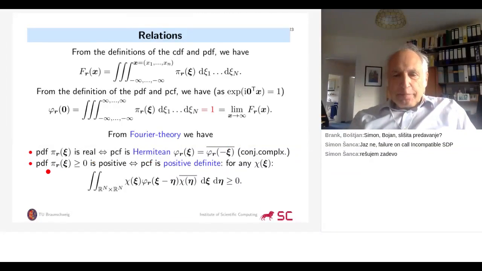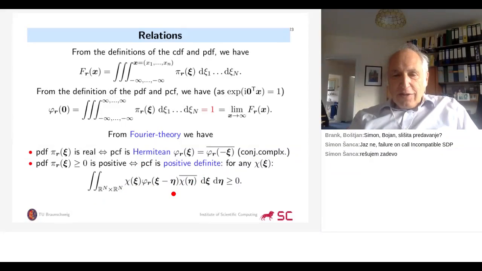And of course our density is also positive, and that means that the characteristic function is what's called positive definite. It's like for matrices. Which means for any other scalar function, if I take the inner product of this guy written as a matrix, so it's like C is one index and eta is another index, instead of a sum we have an integral now.